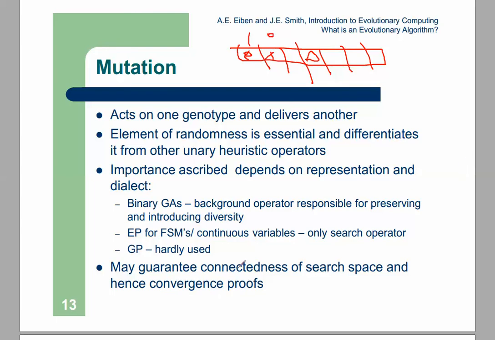For integers, 1 may change to 2, or 5 may change to 6, or for real values 1.7 may change to 1.5. Mutation is important because it produces a new value for a gene or genetic material.